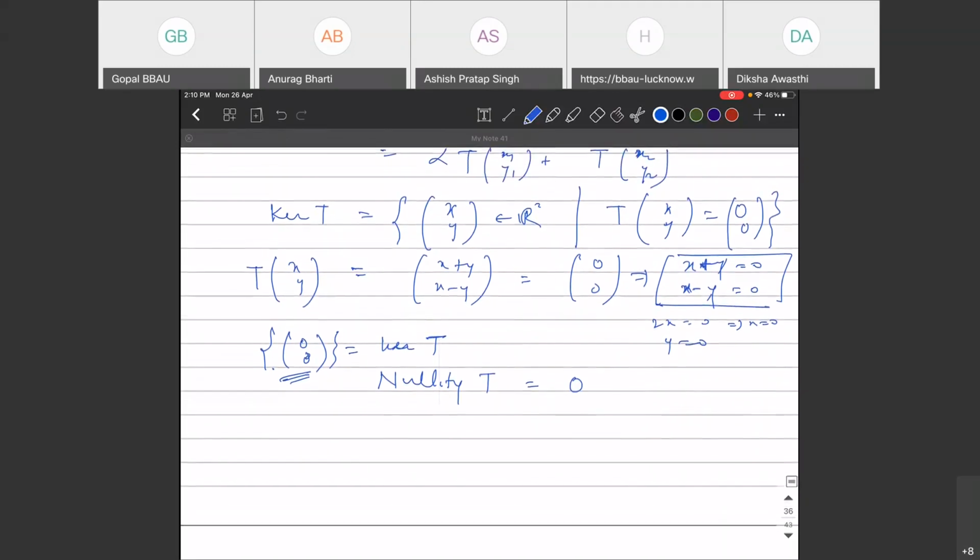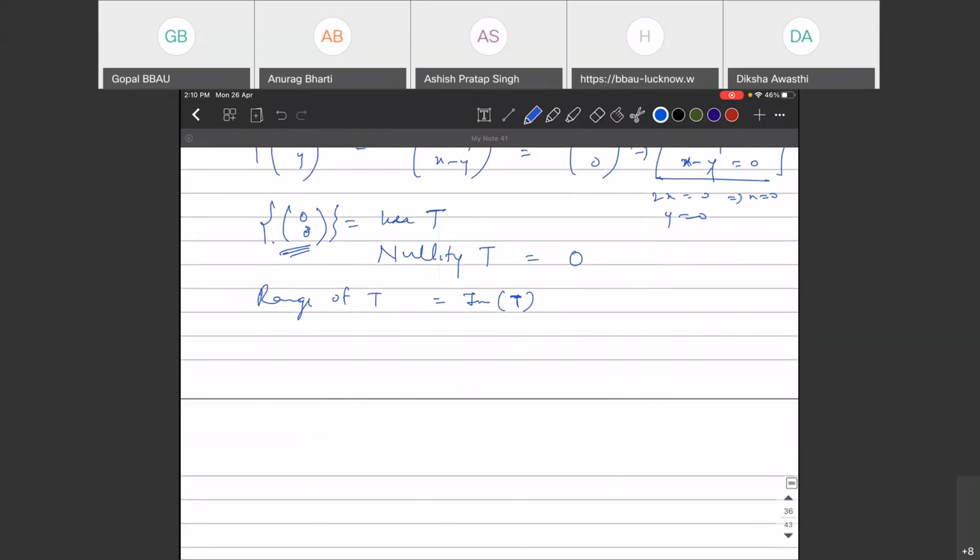So then what about the rank? Now let's see what is the range of T, that is, the image of T. Can anyone tell me what the image of T will be?